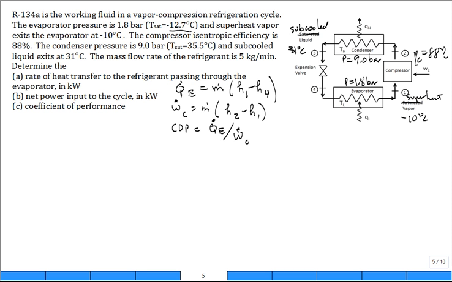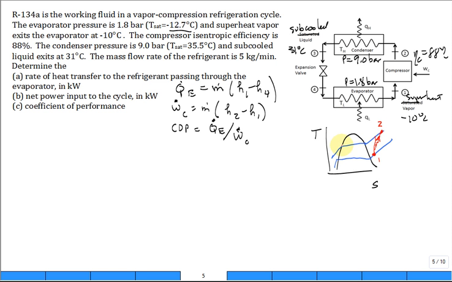We have a nice illustration. You can get a property diagram, maybe a temperature-entropy diagram, and go ahead and sketch the dome. Sketch lines of low pressure and lines of high pressure. Put on state 1, which is superheated vapor at that low pressure. So it's out there somewhere. And then it would go up to 2S, but it actually kicks over to 2 actual on a dashed line at that high pressure of 9 bar.